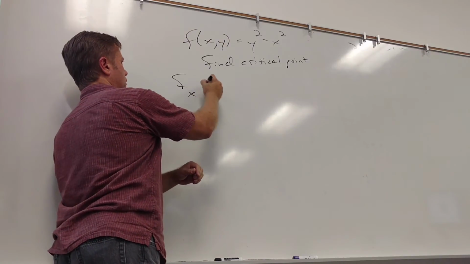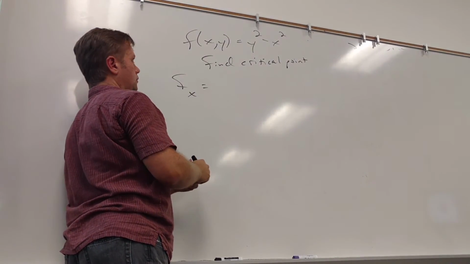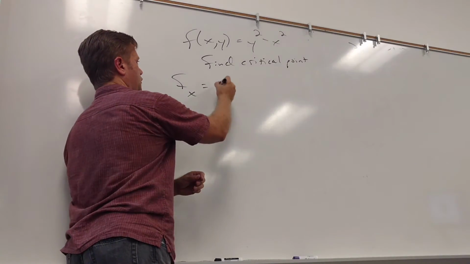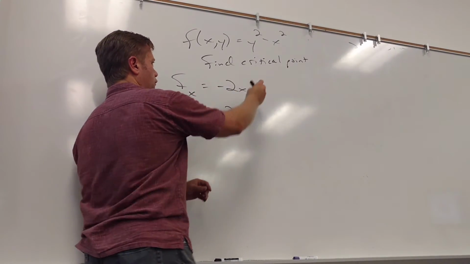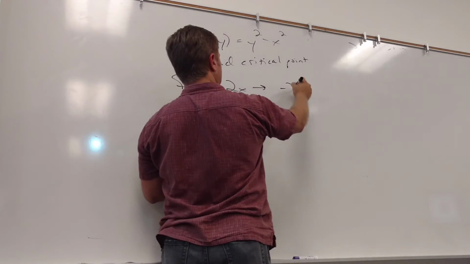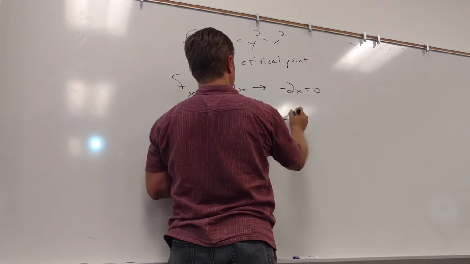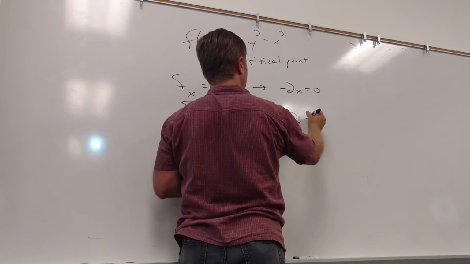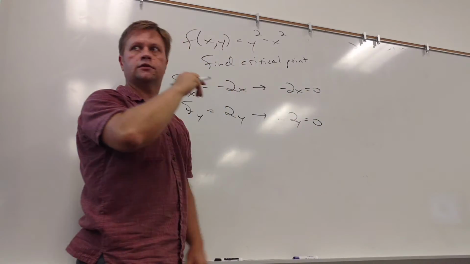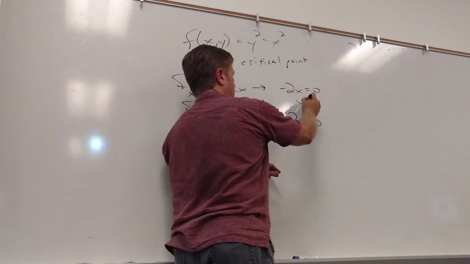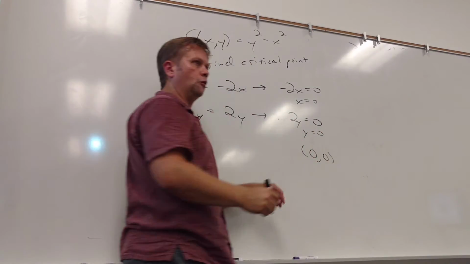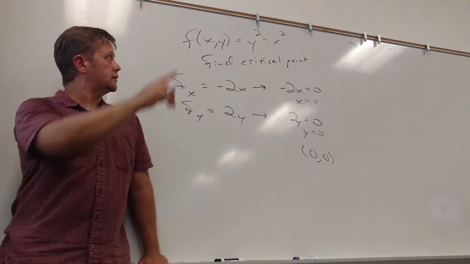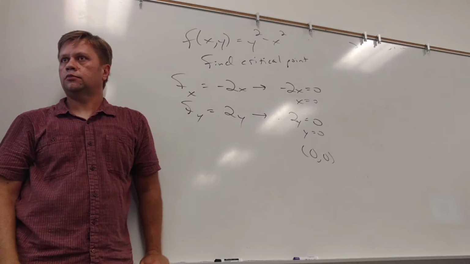So what's fx here? Negative 2x. And what's fy? 2y. If you set each of these equal to 0, you force them to be 0. Of course, here we get nice, easy answers. x is 0, y is 0. So at the point (0, 0), at the origin, this thing is going to have a critical point.